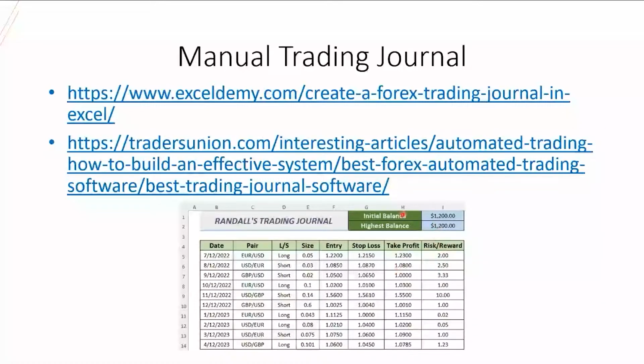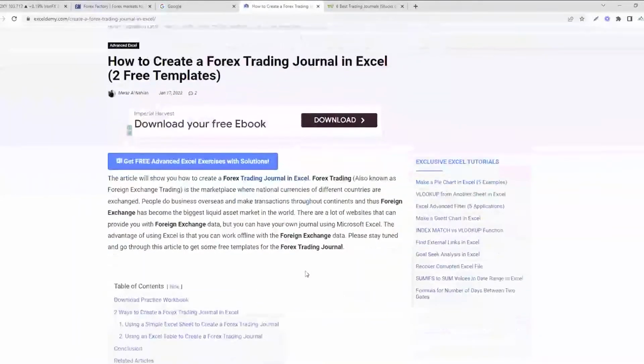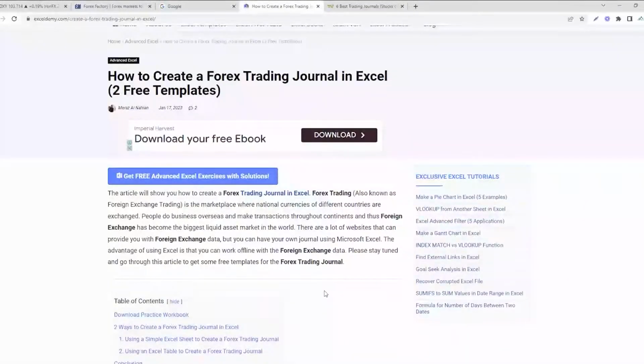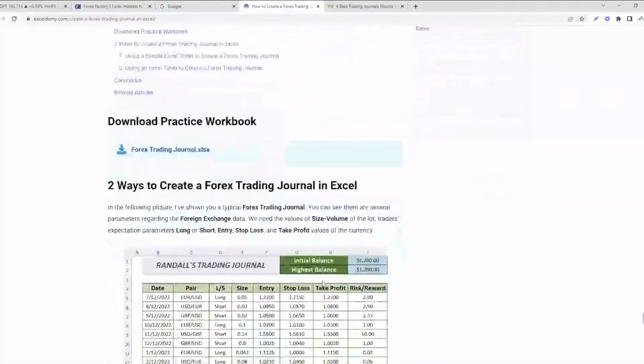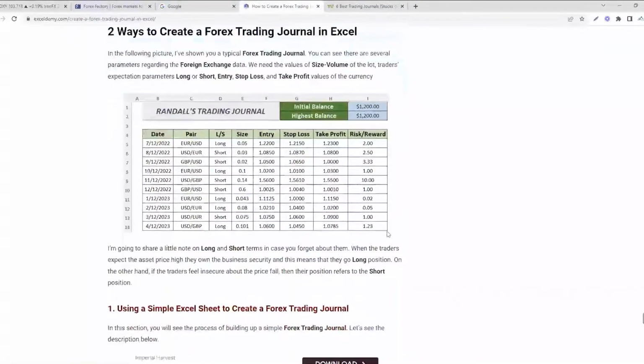Okay, so let's just switch onto the website. Okay, so this is where that first link was. That first link will take you here. So basically this is a pretty good website to read through and to start creating your first manual trading journal. It takes you step by step how to do it.